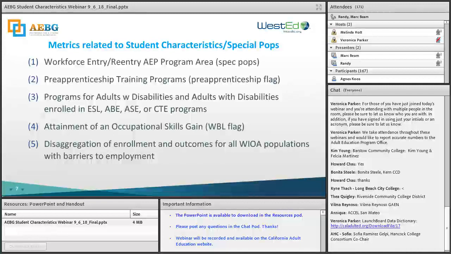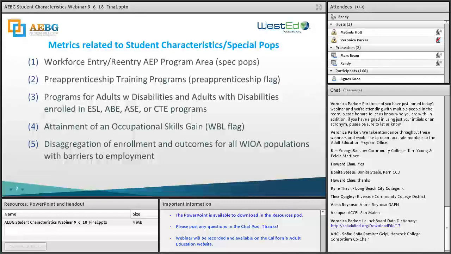And so it's just a way of looking at CTE or workforce preparation programs through the lens of specific populations. Pre-apprenticeship training programs rely on the pre-apprenticeship flag. Programs for adults with disabilities and adults with disabilities participating in ESL, ABE, ASE, or CTE programs, which are 2 ways that we look at the AWD population, rely on the special pops flags for those individuals.